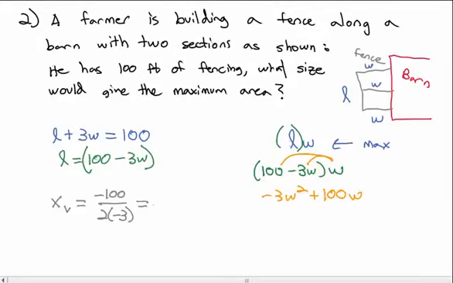And we're just going to round this to the nearest whole foot. Negative 100 over negative 6. So 100 divided by 6, it's a positive 16.6. We can actually do that, 16 2/3 foot.